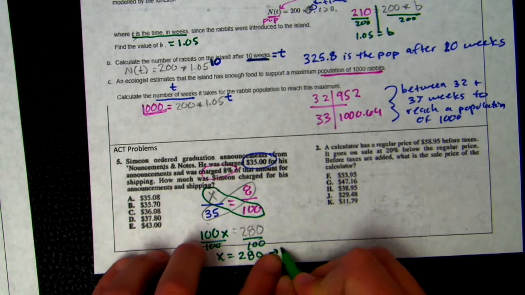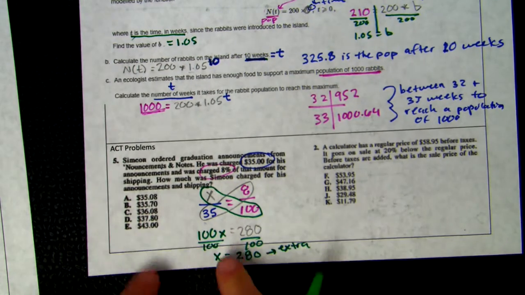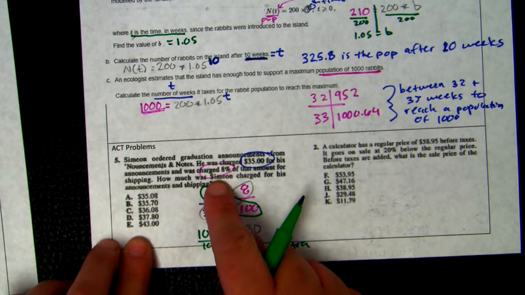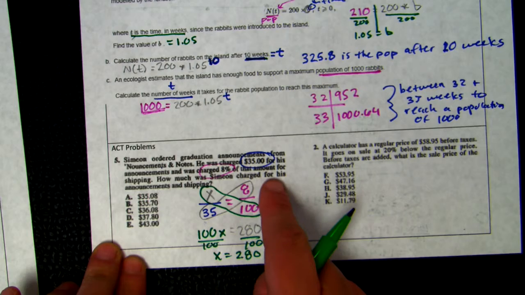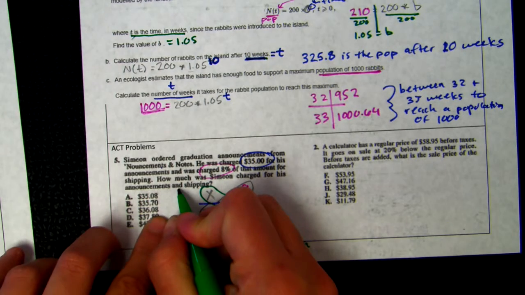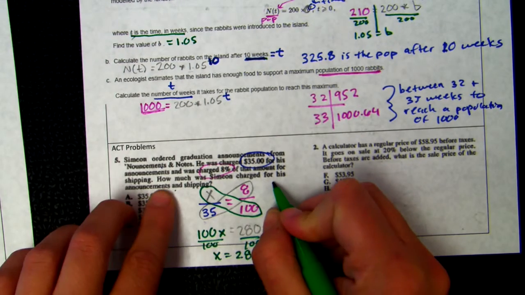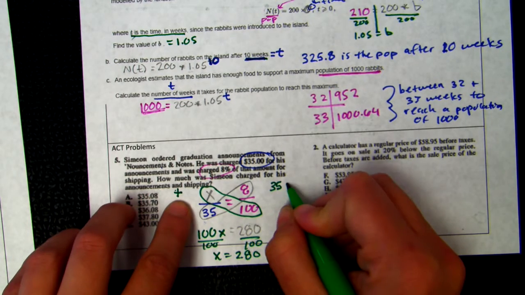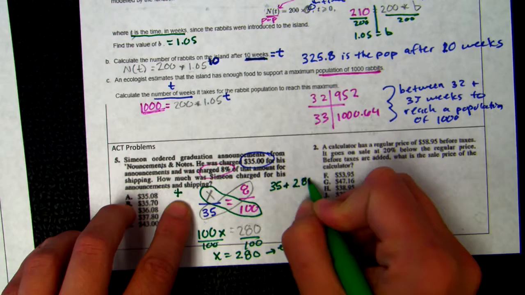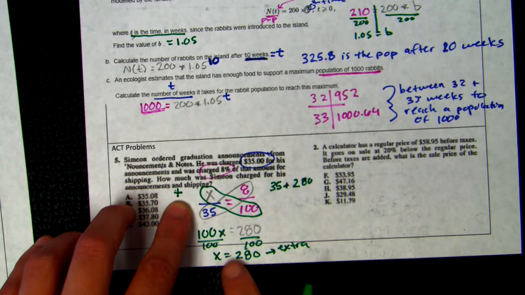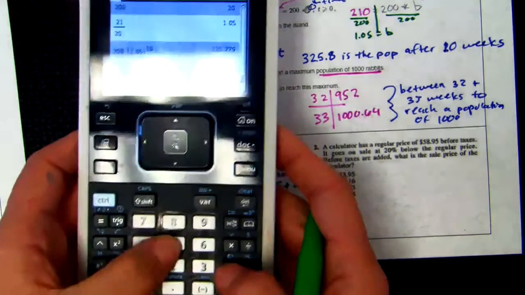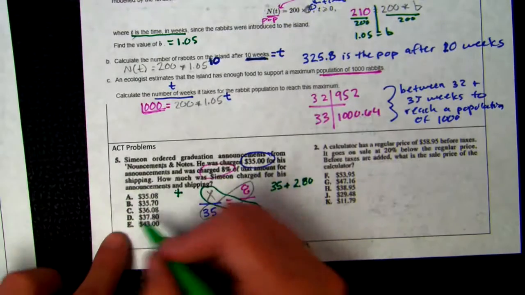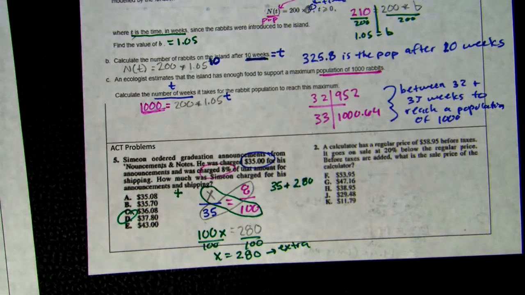So I know that's how much extra he was charged. The question is asking me how much was Simeon charged for his announcements and shipping. So the announcements were $35, and "and" means add here, plus the amount he was charged for shipping, which we found out was $2.80. So 35 plus $2.80 is $37.80. Our correct answer is D.